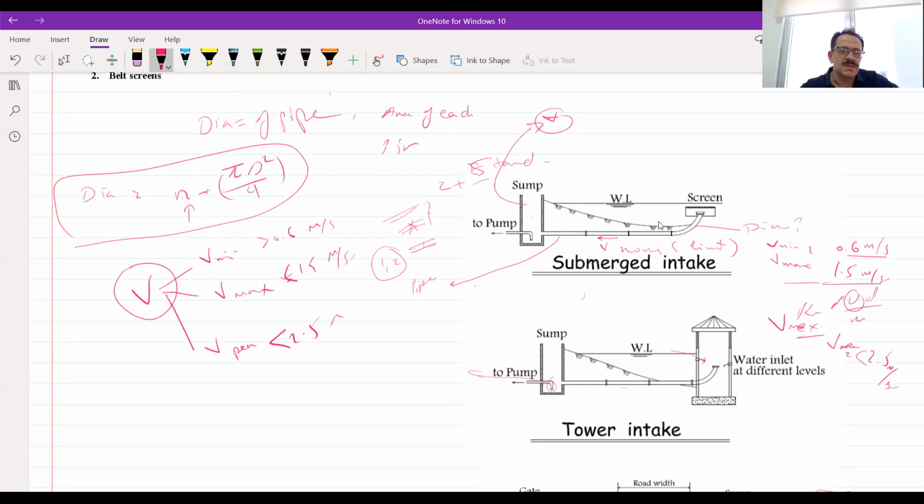Now, when you are a designer, you should assume one of these. Having a V and having a Q, Q is equal to V times area. I have the Q, so what's left for you is the area of the pipe, which is equal to Q over V.